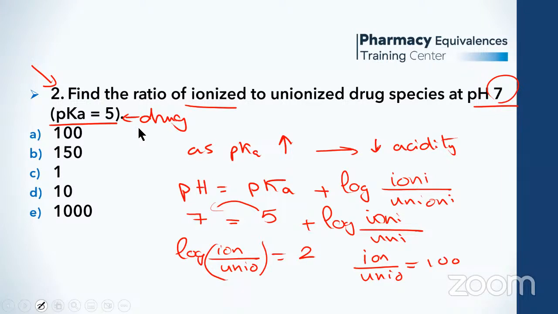What does this mean? The ionized equals 100 unionized, so 1 to 100. Therefore, what is the answer from those choices? It will be the first answer.